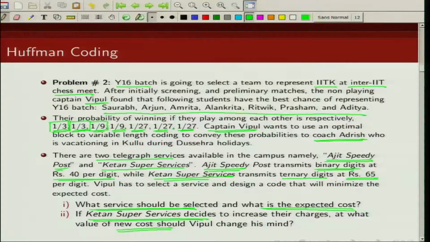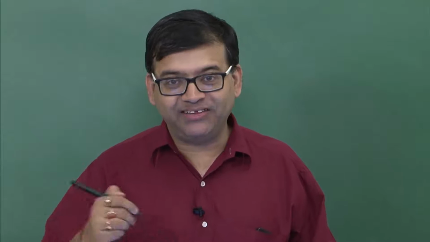In the first case he has to construct a binary Huffman code. In the second case he needs to construct a ternary Huffman code, and then he needs to find the expected code word length in these two cases, and multiply them by their average cost. That would give him the total expected cost.